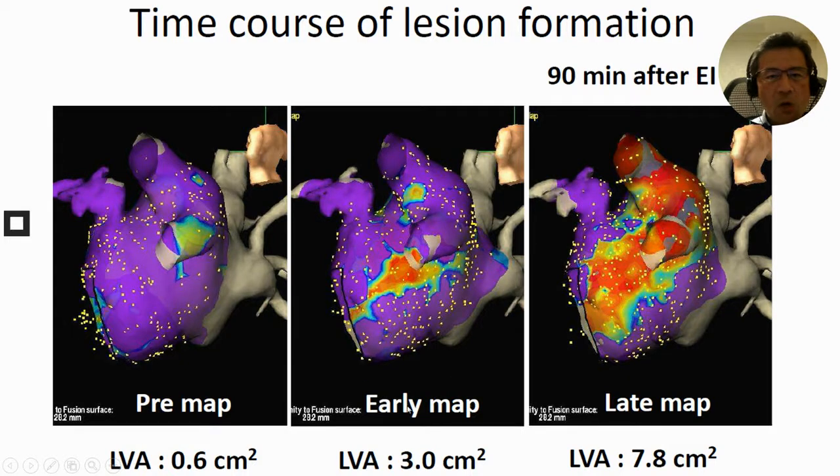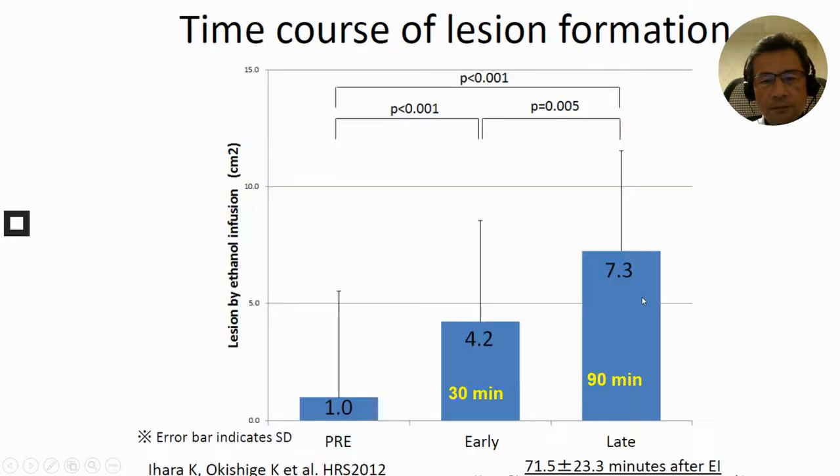Let's talk about time course of lesion formation. Utilizing the NavX system, immediately after the infusion of ethanol into the Marshall vein, we were able to create the damaged area, a low voltage area, as shown here. When we waited 90 minutes, the damaged area significantly expanded, as shown here.